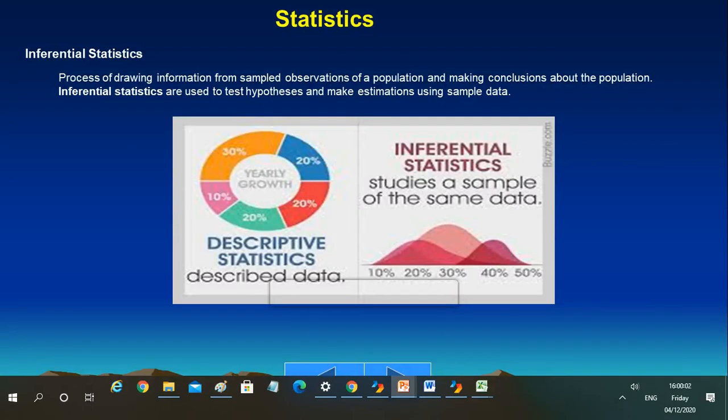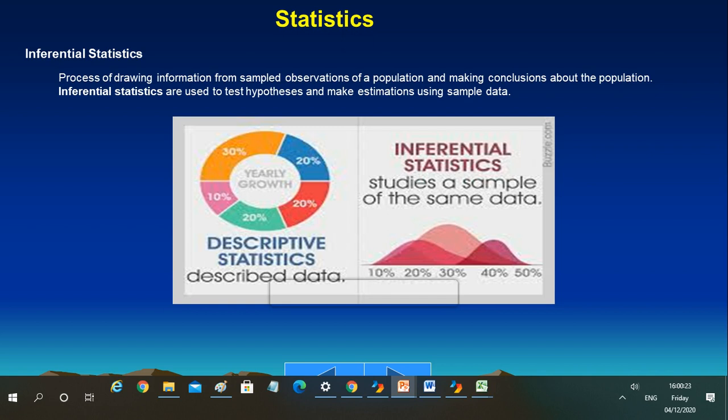That is how generally the procedure is, but it depends on the situation. Now, inferential statistics is a process of drawing information from sampled observation of a population and then making conclusions about the population. So you have to draw your conclusions because you have got the results. To understand the results and draw your conclusion, that is what is important in inferential statistics.